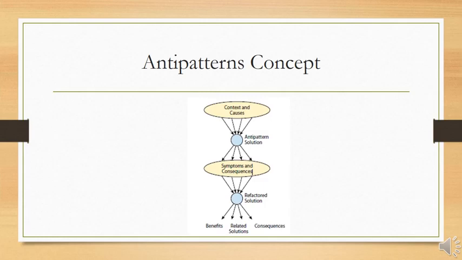The refactored solution results from a reconsideration of the design forces and the selection of a more effective solution, which can be visualized as shown in the figure. The refactored solution yields benefits that outweigh its consequences. There may be related solutions or variations that also resolve the design forces beneficially.